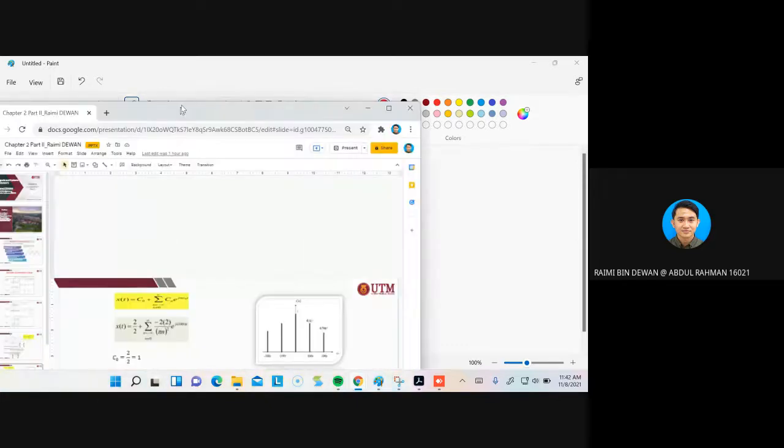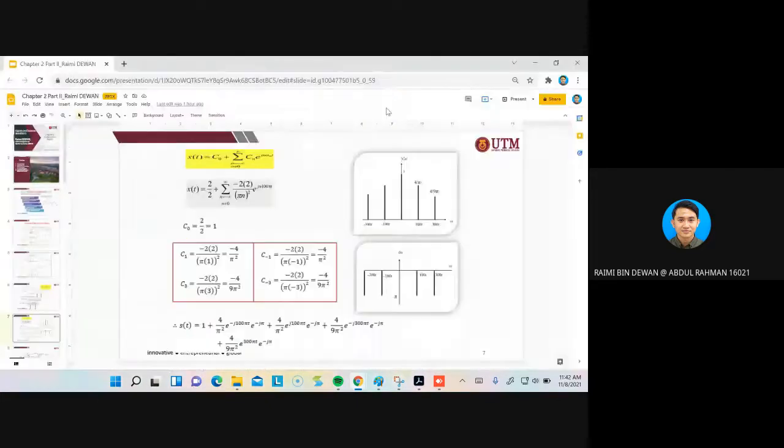Now I explain. Remember, put this in your mind and remember it. If you see here, C1 is actually negative 4 over pi square. The same goes for C3, negative 4 over 9 pi square, and so on.